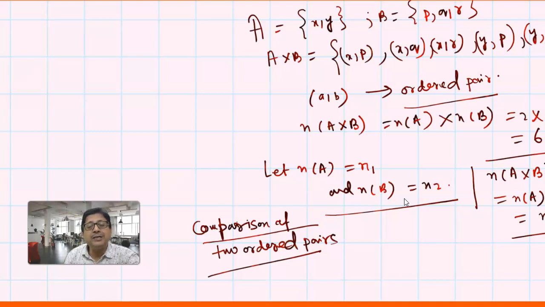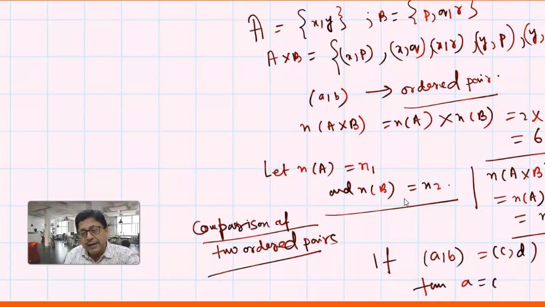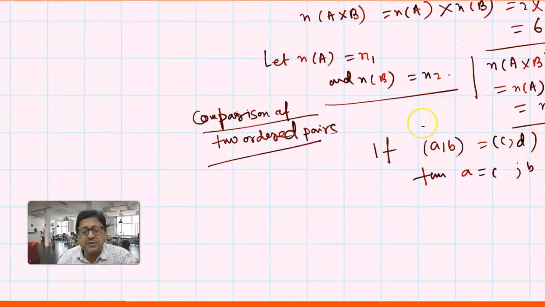Similarly, the second components are comparable. So if we have (a, b) equal to (c, d), then a equal to c and b equal to d. You must have studied all these things, but a little bit of revision is required before you start solving problems based on it.